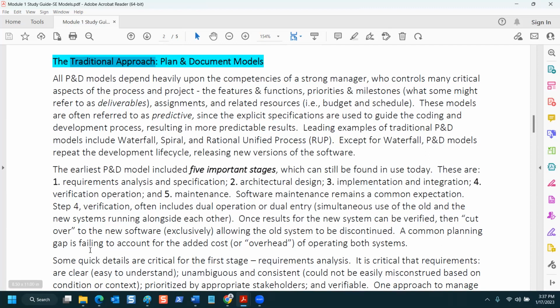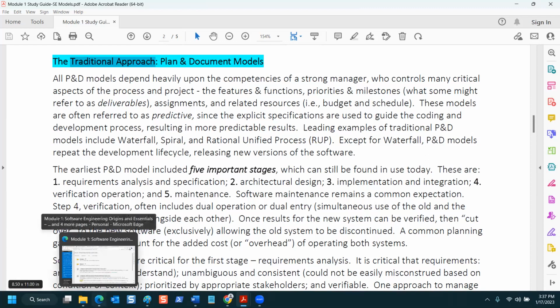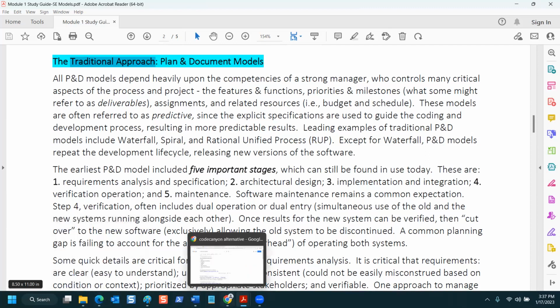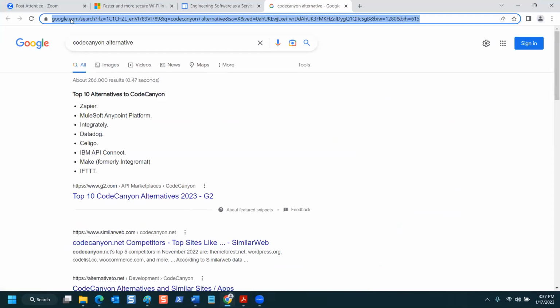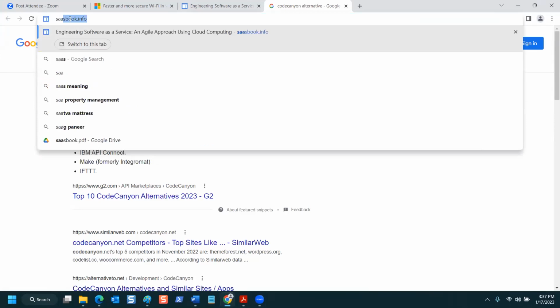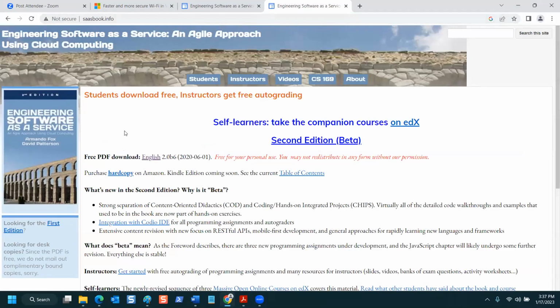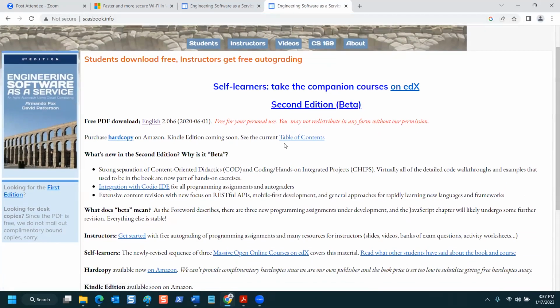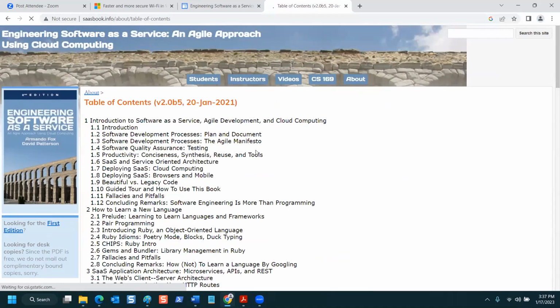Now, if you have not yet clicked into the resource for your SAS, so we start, was it SAS book? Everybody see this table of contents? One thing you want to do before too long, you want to go to the videos.